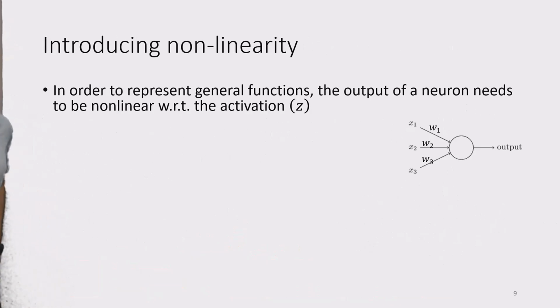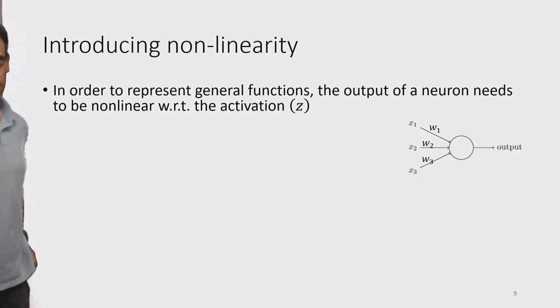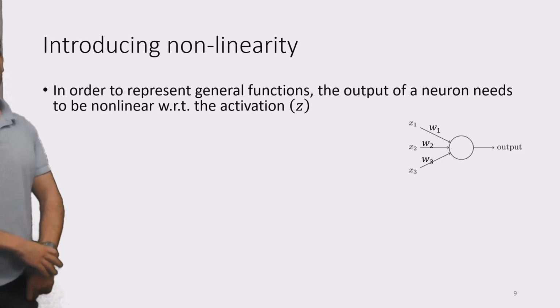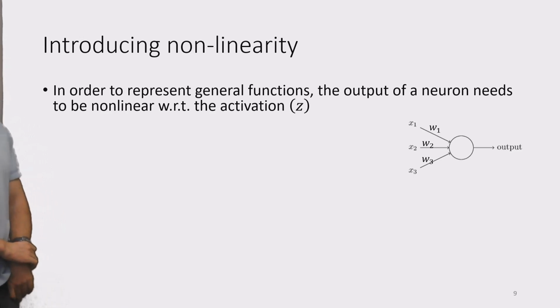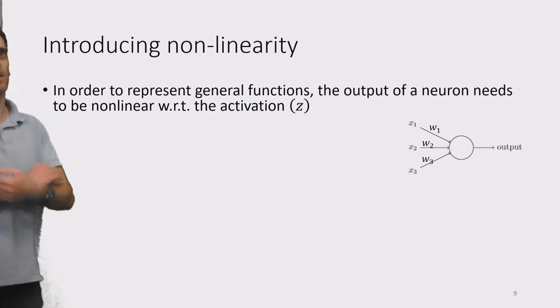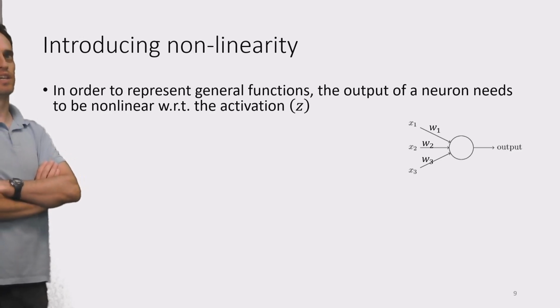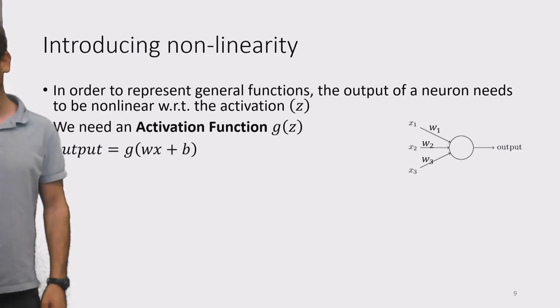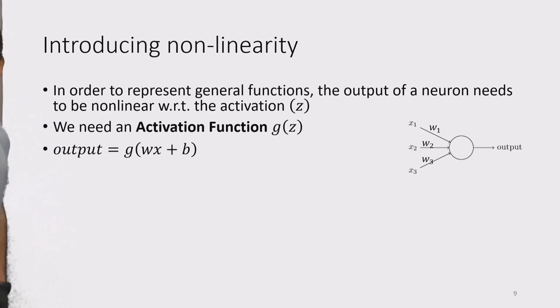So now what we have to do is to introduce non-linearities. In order to represent general functions, the output of a single neuron, out of the perceptrons that we're tying together, needs to be non-linear with respect to the activation, the Z value. This requires us to introduce what are called activation functions.